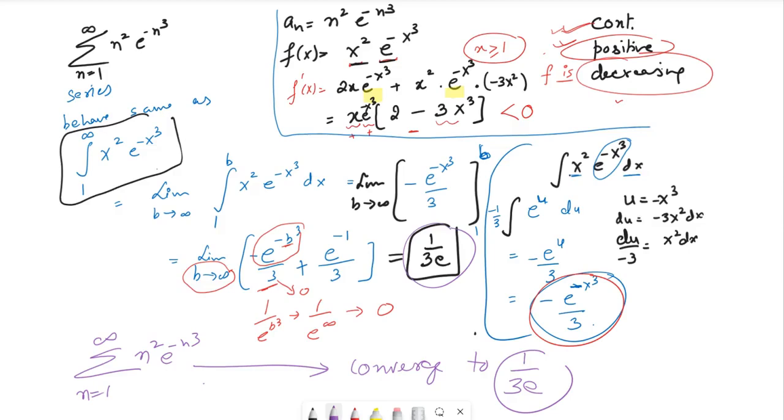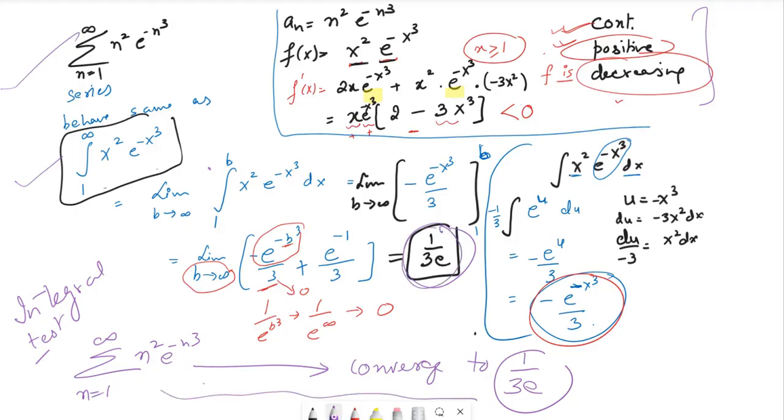Because of our integral test, all three conditions are satisfied, therefore the series and integral are going to behave similarly. The integral is converging to 1 by 3e, therefore the series is also going to converge to 1 by 3e.